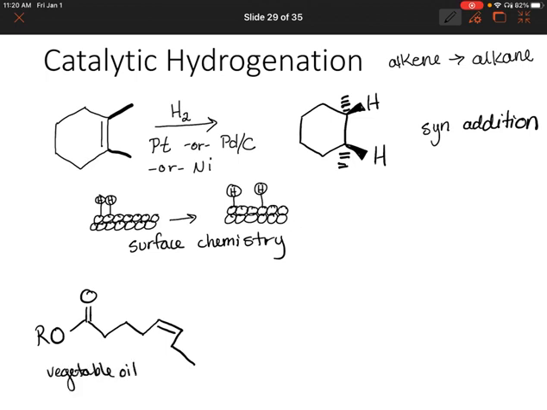And again, that R group is just some alkyl group. Now, vegetable oil, as we know, is a liquid. And then let me just write cis fatty acid here. Now, what if we add hydrogen to this vegetable oil? What would we end up with?